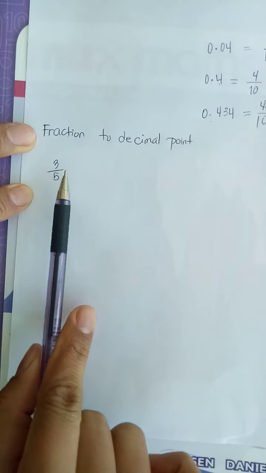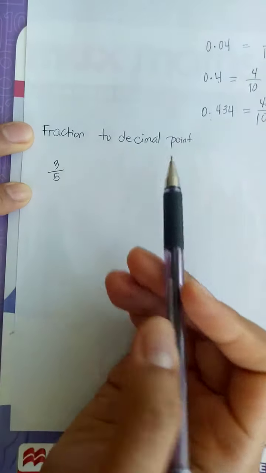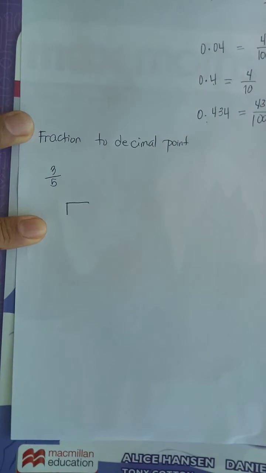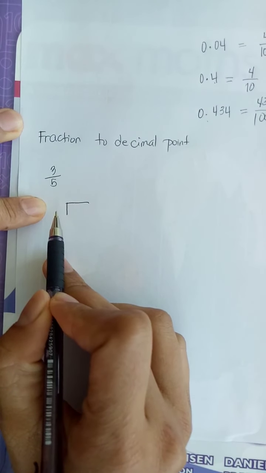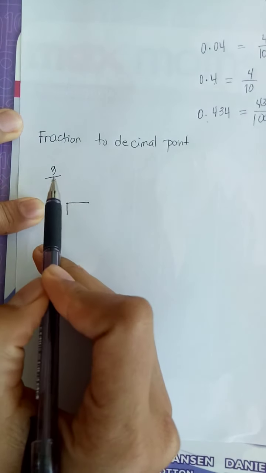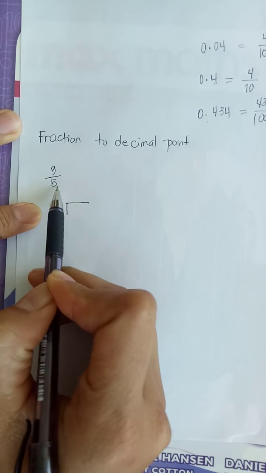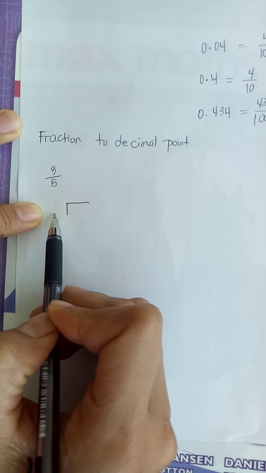Example, we have a proper fraction of 3/5. So to convert a fraction to a decimal value, we need to use our long division. So we have this sign. The number that we put outside, our divisor, is always our denominator. No matter what the number in your denominator is, that is always your divisor, the number outside.